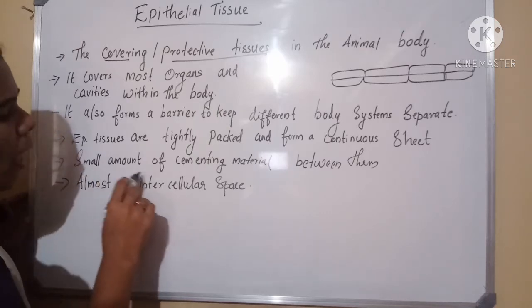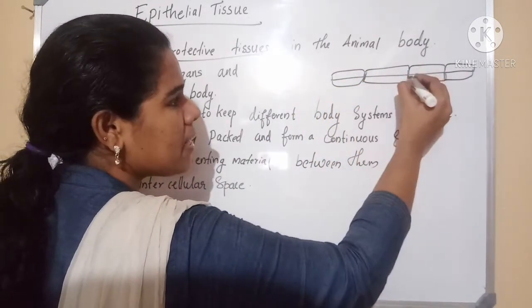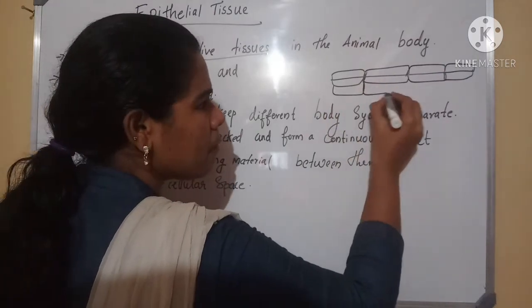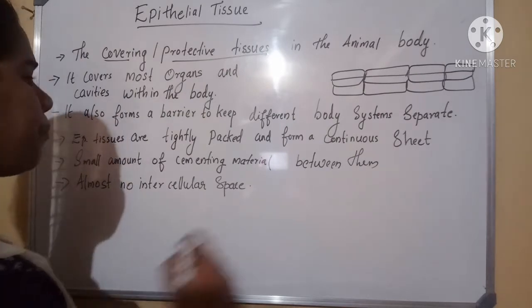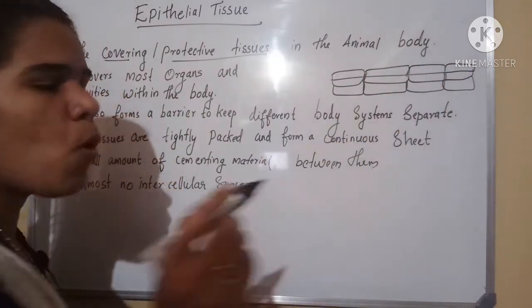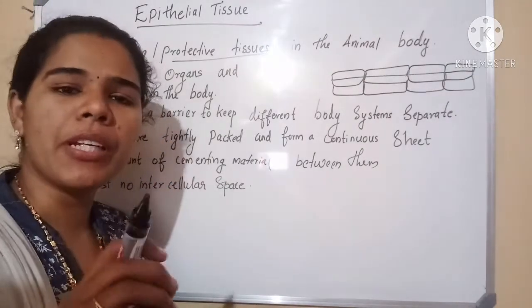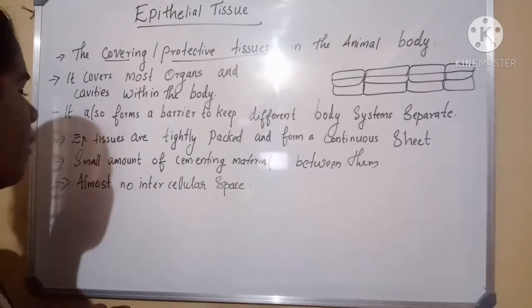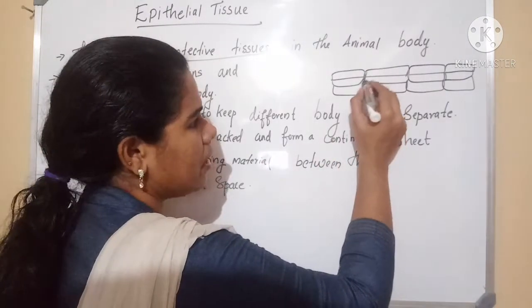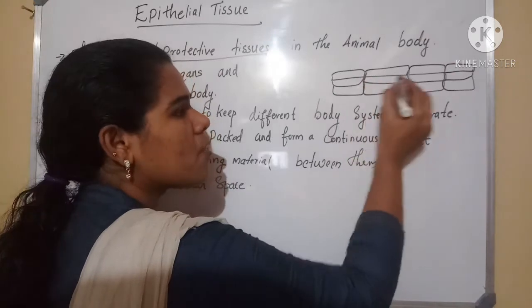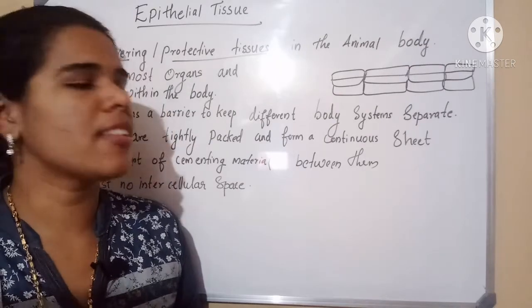They have a small amount of cementing material between them. Not more, just a small amount of cementing material is filled between them, and there is almost no intercellular space, which means there is no cavity. It's a continuous sheet.